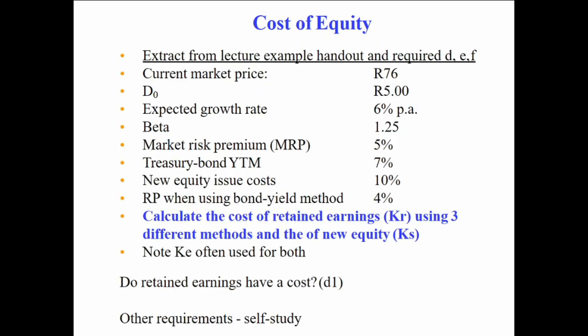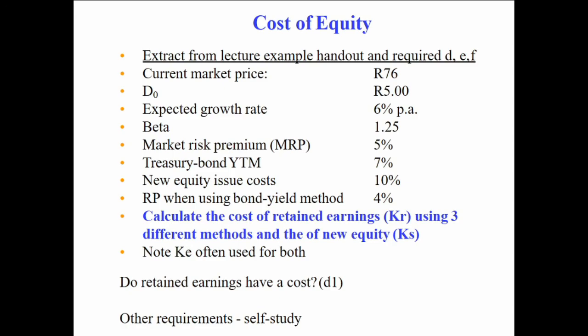So if we look at the class example D, E, and F, here we can see that the firm's ordinary shares are currently selling at 76 Rand per share. Its last dividend was 5 Rand, that is D0, and investors expect the dividend to grow at a constant 6% rate into the foreseeable future.